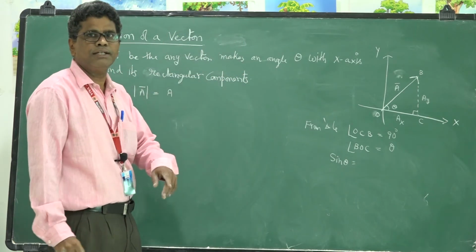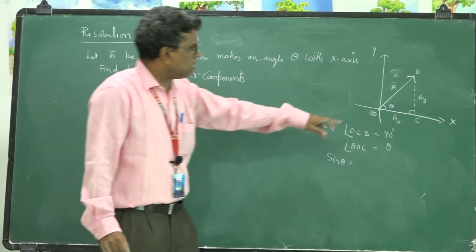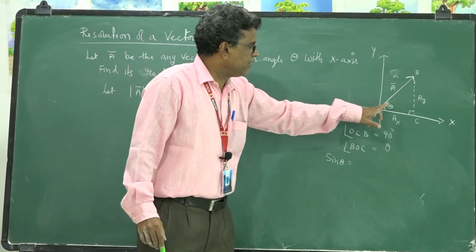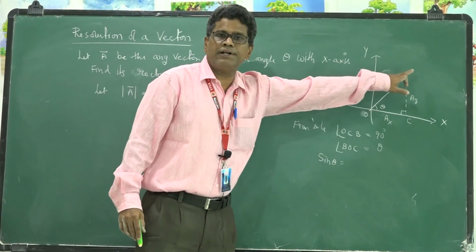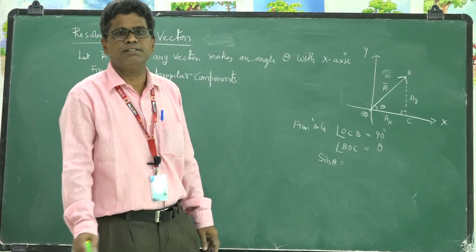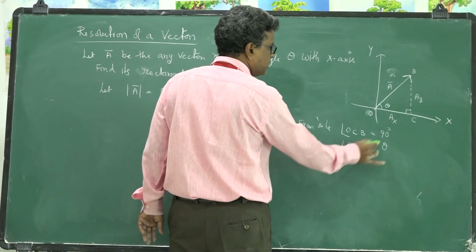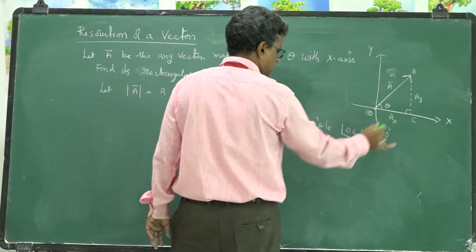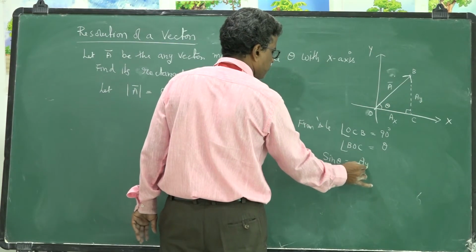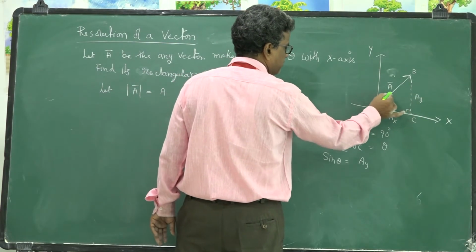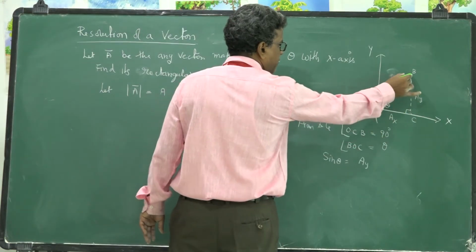I think you know that sin is opposite side by hypotenuse. Everybody knows this. So sin is equal to opposite side. What is the opposite side? Let it be ay, the y component of a, by the hypotenuse.